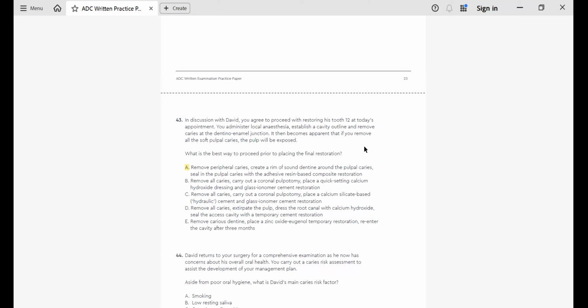All right. Now, this would answer the questions that we have in the course portal in the mocks and the live mocks past questions collection. Why I have answered this question over there as well, and now the ADC has answered the question in the same way, is because we want to be conservative. We don't want the pulp to be involved.